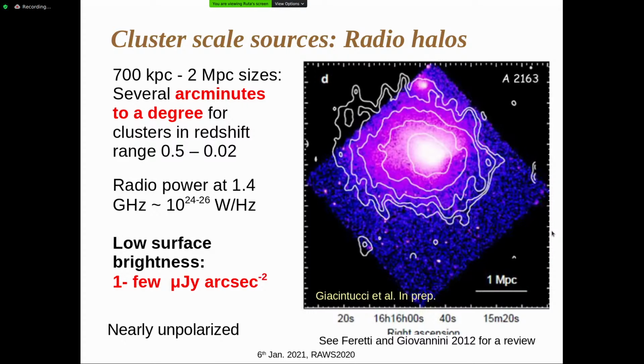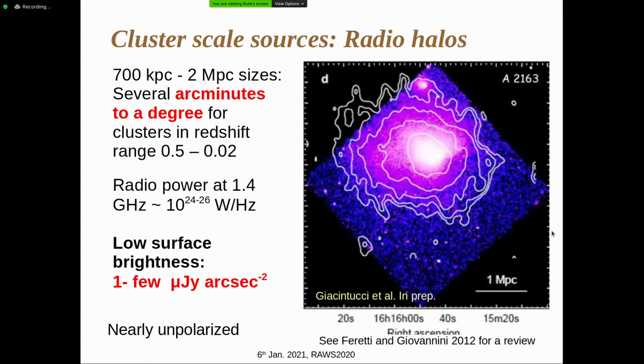What we see in radio towards a galaxy cluster is a mix of two things. One, we will definitely detect the various jets and lobes of the radio galaxies in the cluster. But apart from that, there is this diffuse emission.